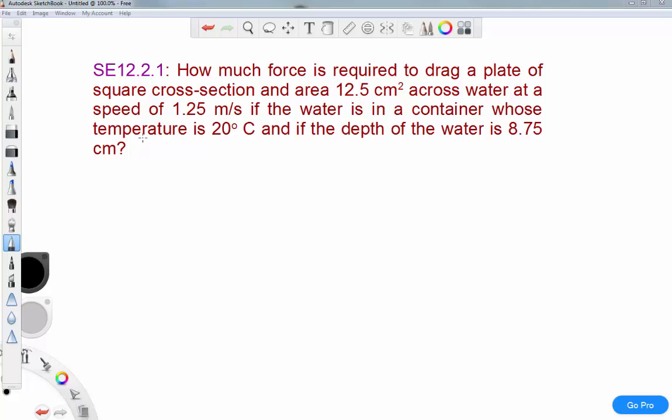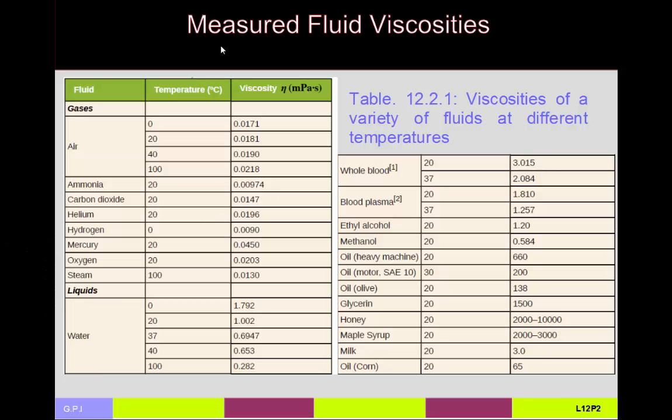And so what we have to do is open up a table of values and try and find out what the viscosity of water is at 20 degrees C. So it turns out that the next slide in my lecture notes has a table of different viscosity values for a variety of fluids, including both gases and liquids. And here we see water on the slide, and water has a value at 20 degrees C of 1.002.